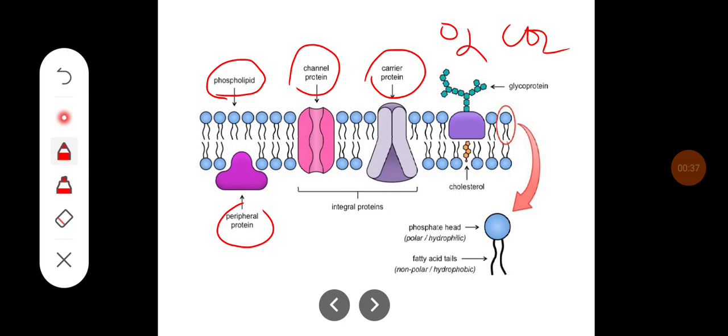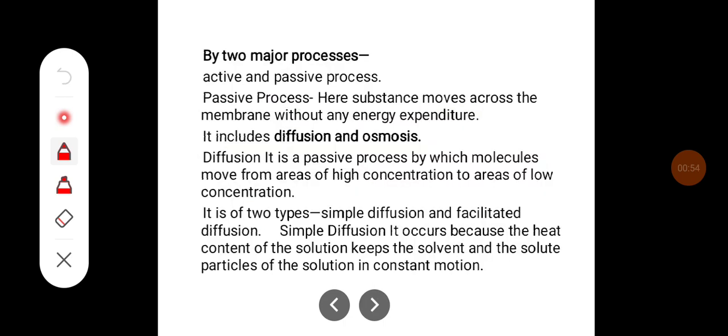Some water soluble substances cannot diffuse through the lipid bilayer, so they take the help of channel proteins or carrier proteins for their transport. The transport across the cell membrane occurs by two major processes, the active process and the passive process.